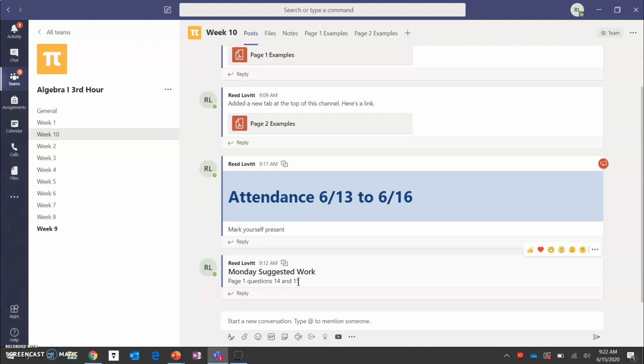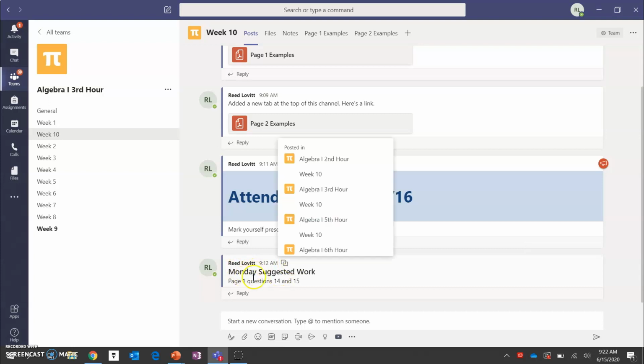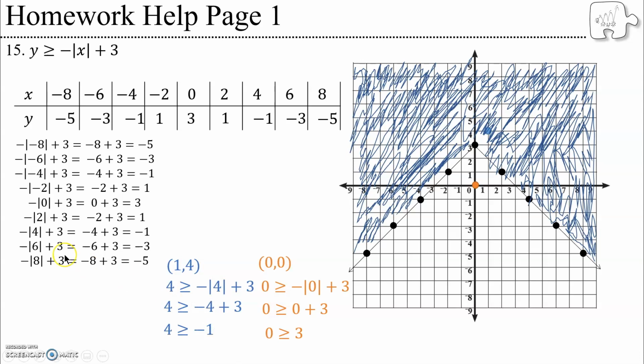Tomorrow, there will be a couple problems to do for written work. Remember, it's just suggested since you won't have to turn it in. But there will also be Khan Academy work. And also remember, the Khan Academy work is suggested because it'll be due after summer begins. So that's all we got to do for today.